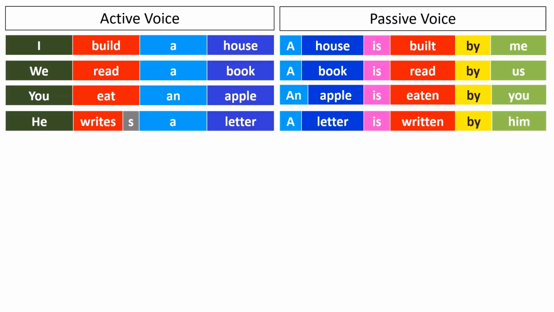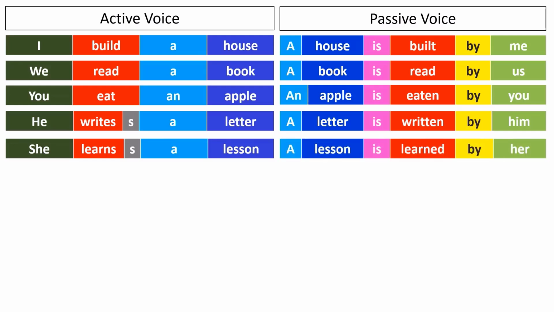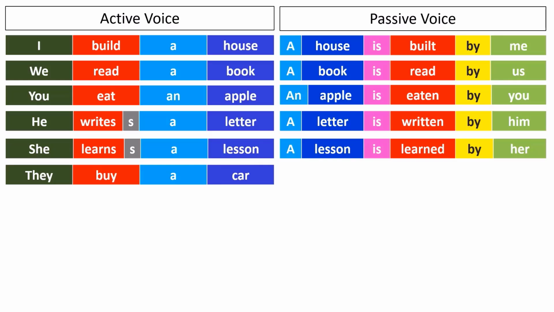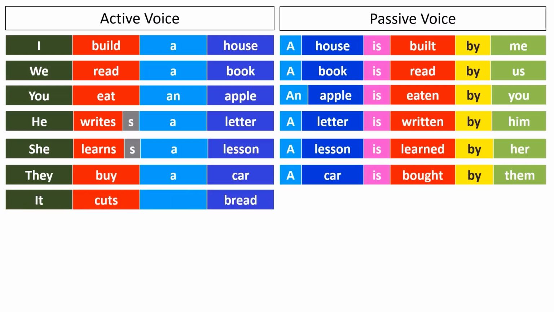A letter is written by him. She learns a lesson. A lesson is learned by her. They buy a car. A car is bought by them. It cuts bread. Bread is cut with it.